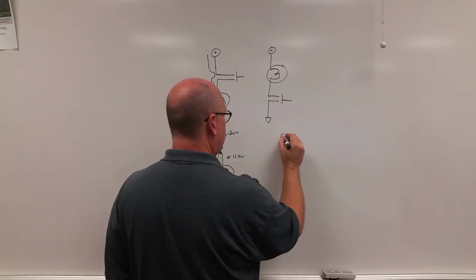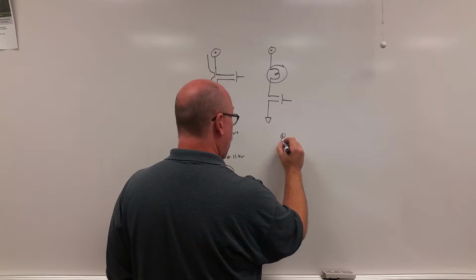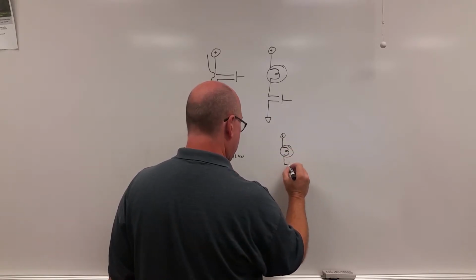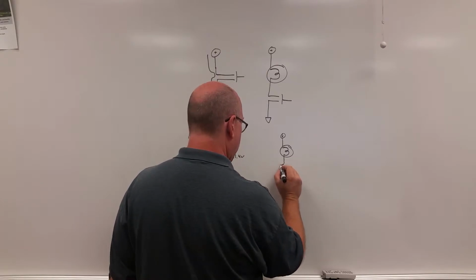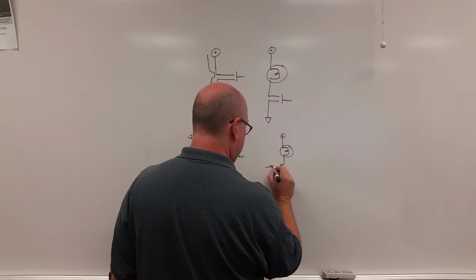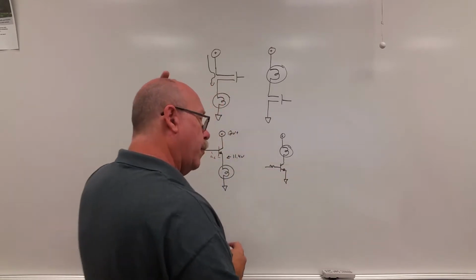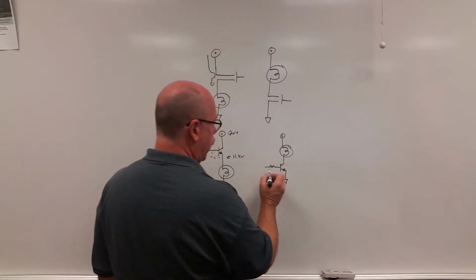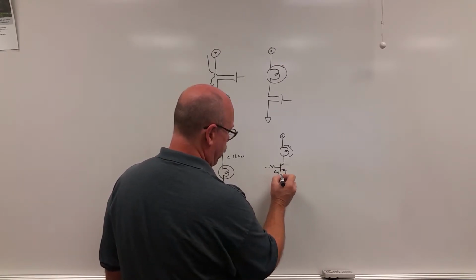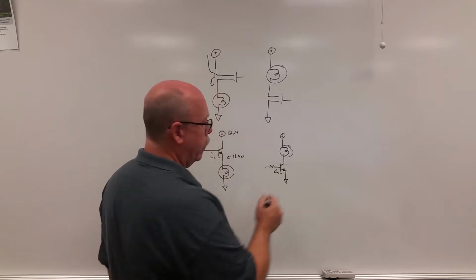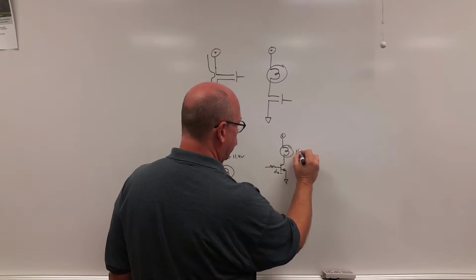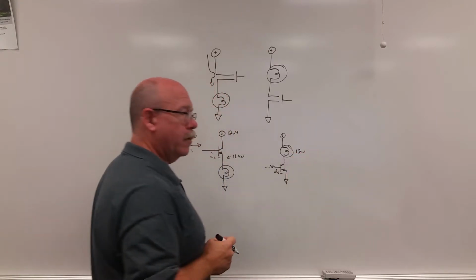But if I were to swap the configuration as it is above, and use this as a sinking output, now it only takes 0.6 of a volt to turn this junction on and allows nearly the full 12 volts to be present at the bulb.